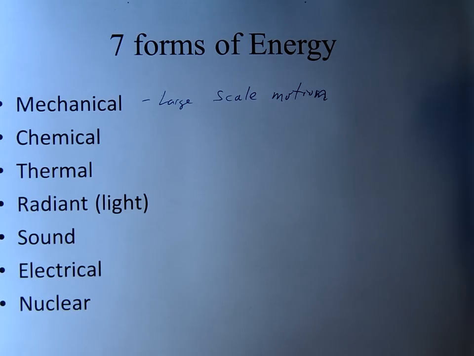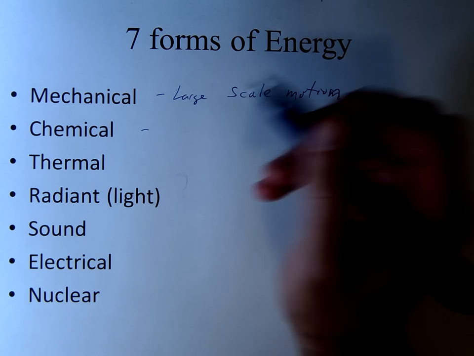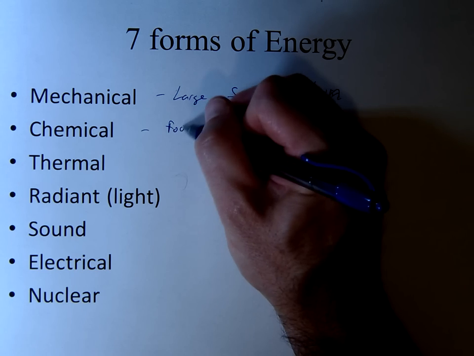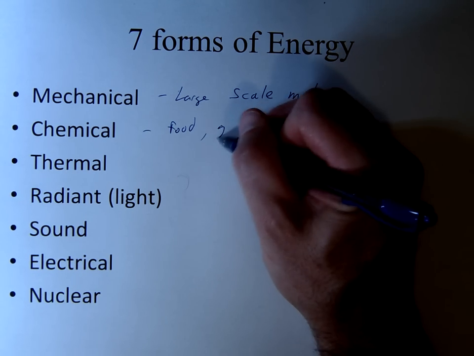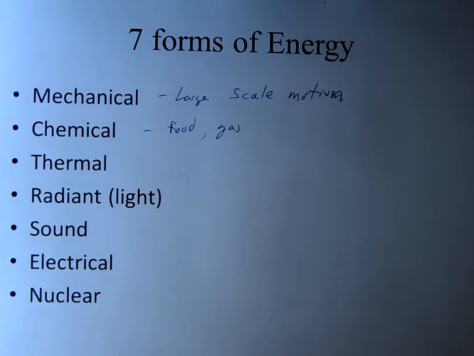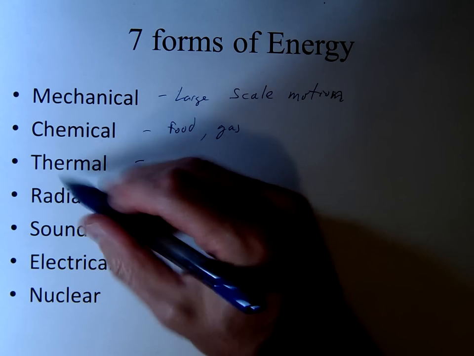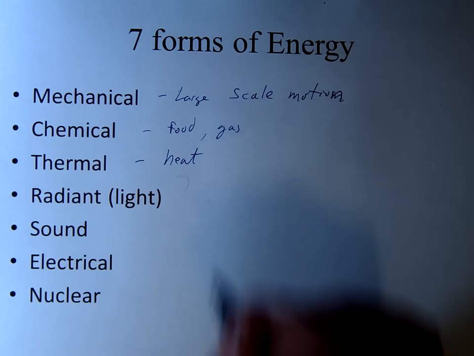Okay, chemical energy, this would be energy contained within chemical bonds. So examples of this might be food, for example. That's where we get all of our energy, from the food that we eat. Gasoline, etc. Wood, before you burn wood, it starts with some chemical energy, and then after you burn wood, you get thermal energy or heat energy, right?